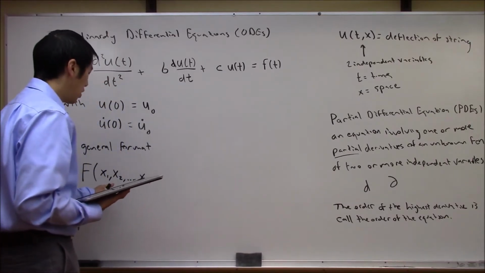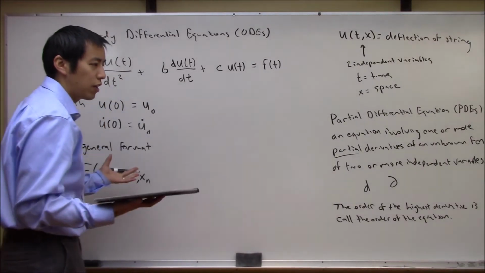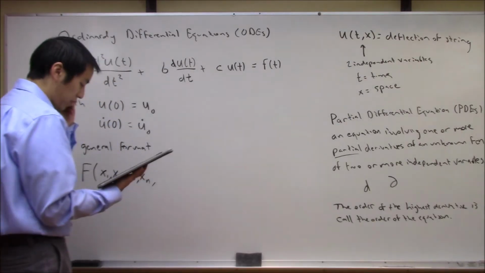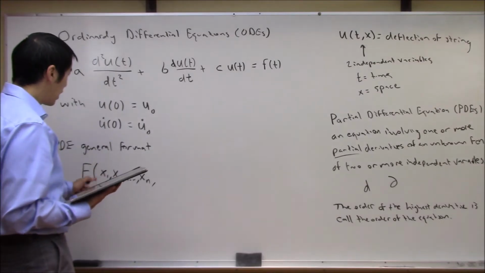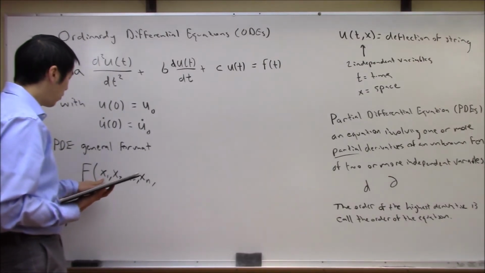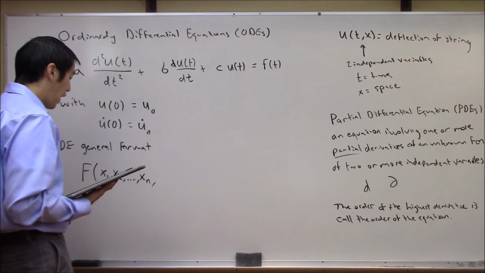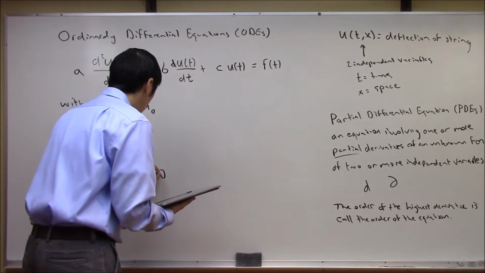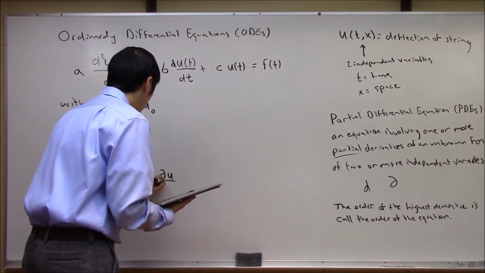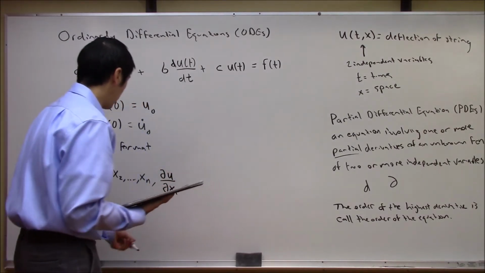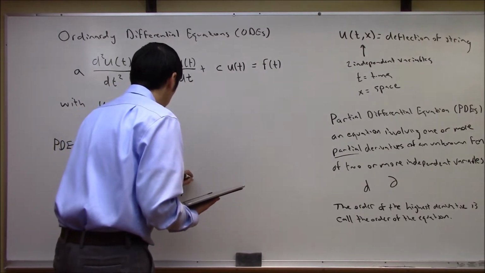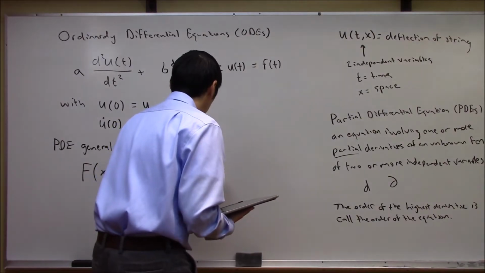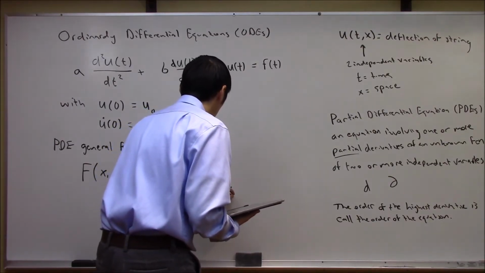So it could be time, space, whatever the independent variables are for your expression, right? But what makes this interesting is that we're again looking for this function u, and u could now be dependent on all of these as well as their partial derivatives. So you might have the partial derivative of u with respect to the first independent variable x1, the partial derivative of u with respect to the second independent variable, etc., all the way up to the partial derivative with respect to the nth, right?